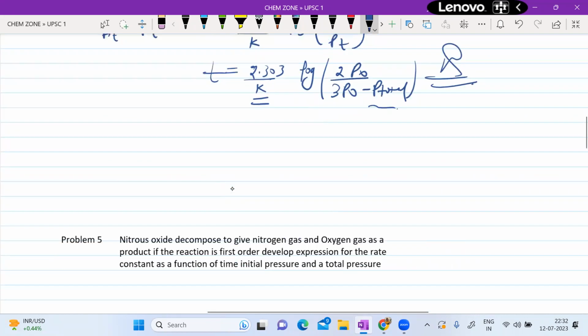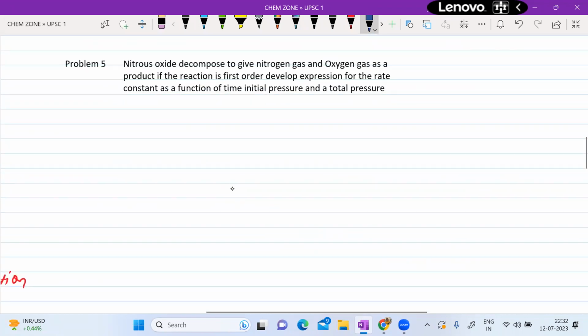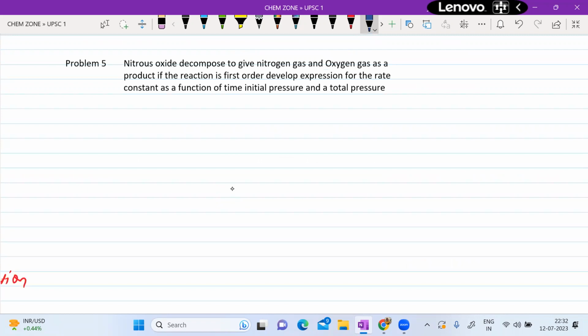We take some more examples. See, here it is asked about the decomposition of nitrous oxide. This is the problem which you need to solve on your own for practice.